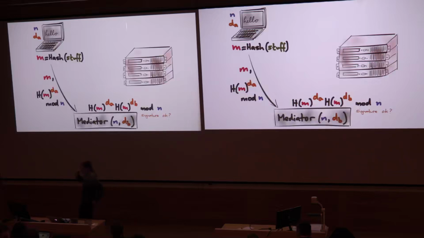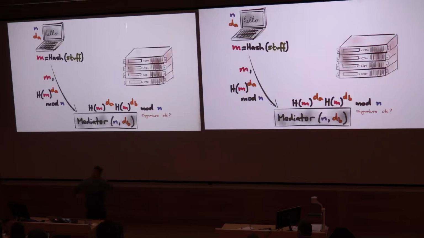And note here also that this doesn't actually give the mediator permission to log into anything, because the signature it constructed is a hash of m. The signature that it needs to log into the server is actually m to the power d, whereas the signature it's constructed here is hash of m to the power d. So this signature is a valid signature, but it doesn't help it log into any service at all.